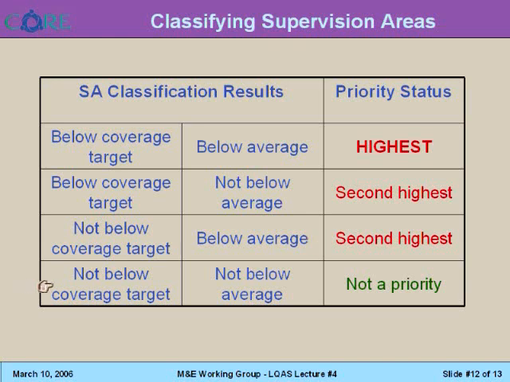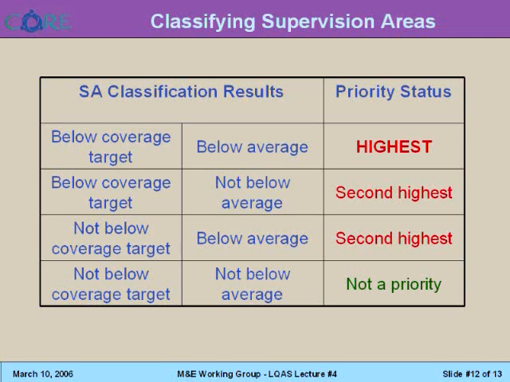Finally, if a supervision area is not below the target and is not below average, then this supervision area should not be classified as a priority, and the intervention in this supervision area should most likely continue as is.